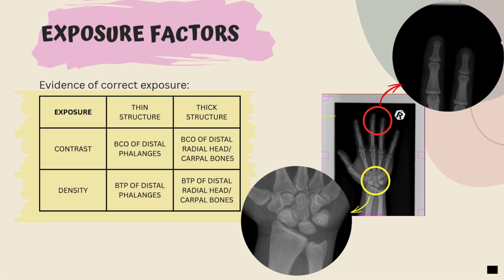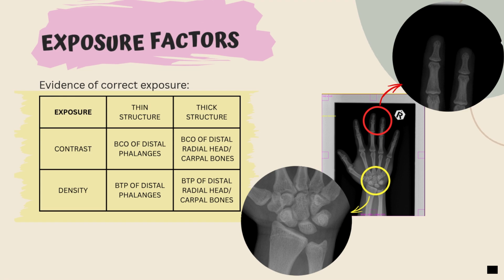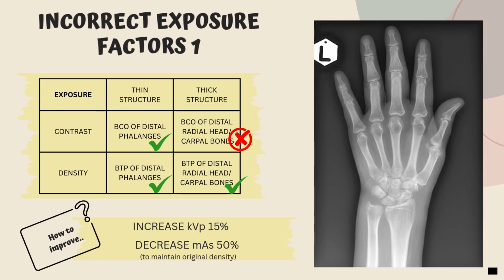For density, we can look at the bony trabecular pattern. The bony trabecular pattern should be seen in thin structures like the distal phalanx and thick structures like the carpals and distal radius and ulna. This is an example of incorrect exposure.